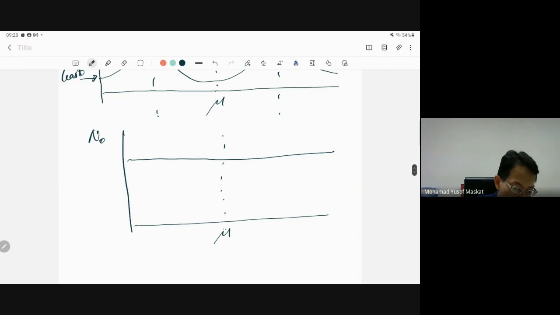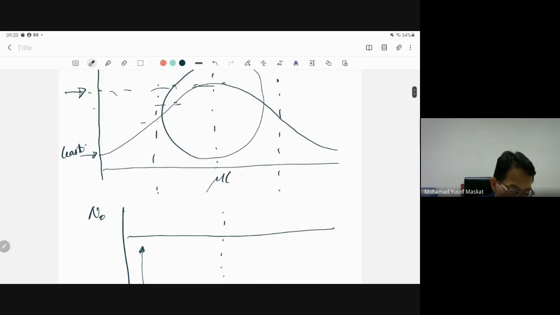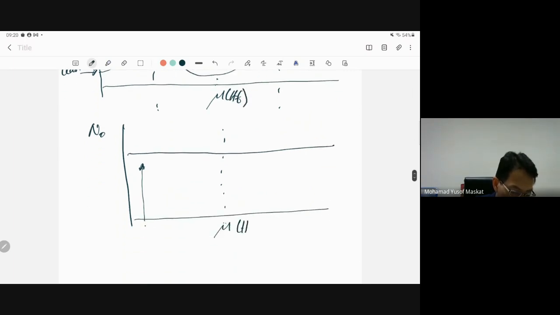Compared to this one, in this population, for example, we take the height. This is also for height. In this population, it means that all the individuals have the same frequency.